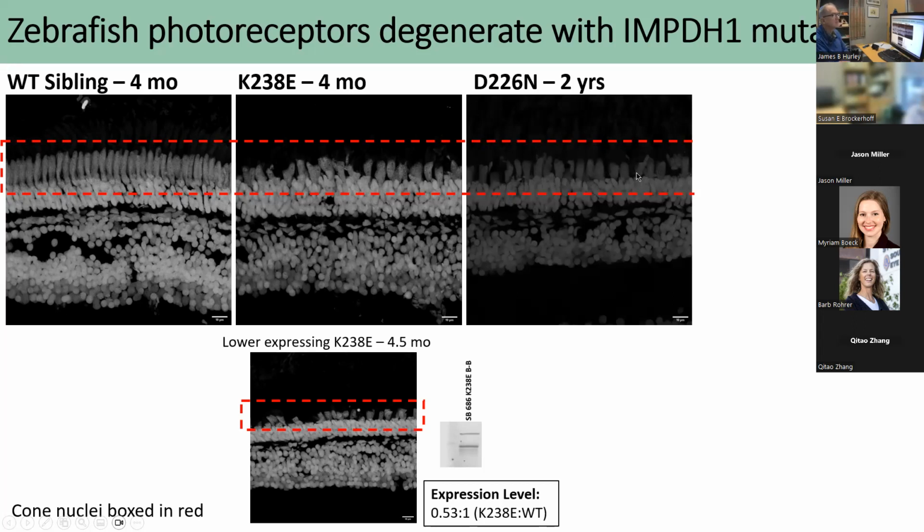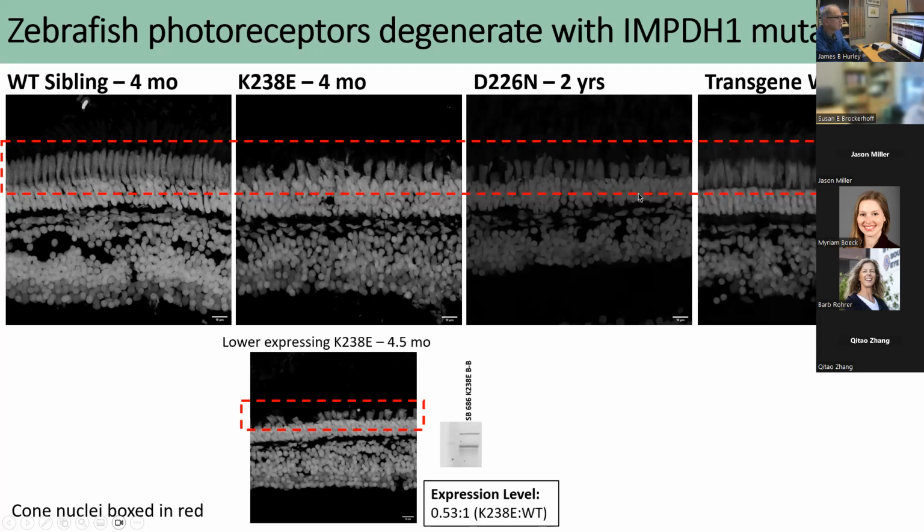We haven't seen a full degeneration yet, but we're thinking that this doesn't look too healthy, and we're in the process of quantifying it. And then the transgenic wild type seems to be fine. This is a 4-month image, but I've checked later times, and I don't see any signs of degeneration.